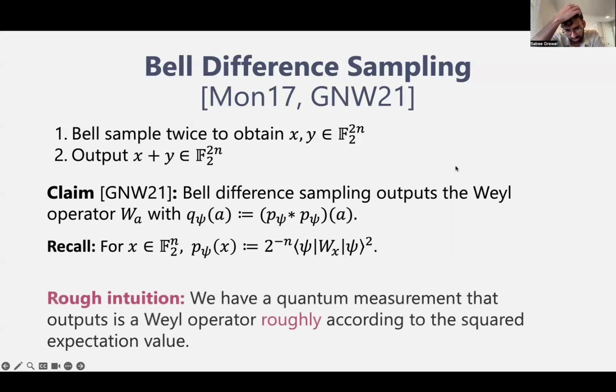So the rough intuition here is that we have a quantum measurement that consumes 4 copies of our state, and it will output a Weil operator, which is just a special kind of n-qubit Pauli operator. And the probability you see any particular one of these Weil operators roughly goes with the squared expectation value of the Weil operator with your state. This isn't quite correct because we have to deal with this convolution, but it's a rough picture to have in mind.